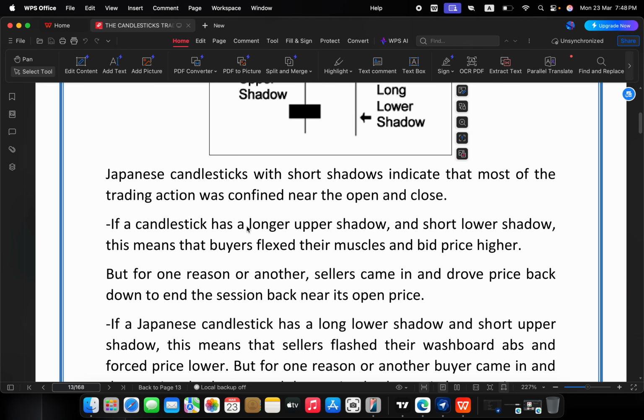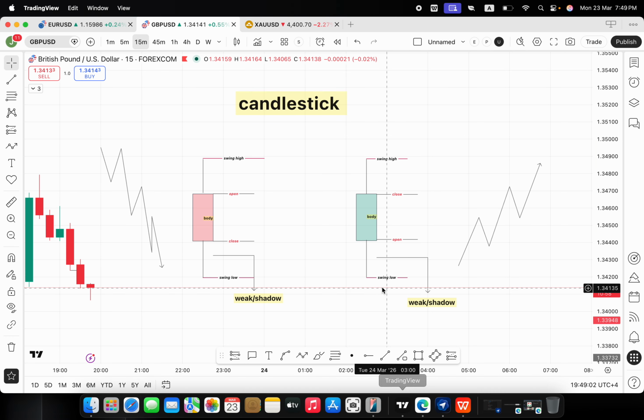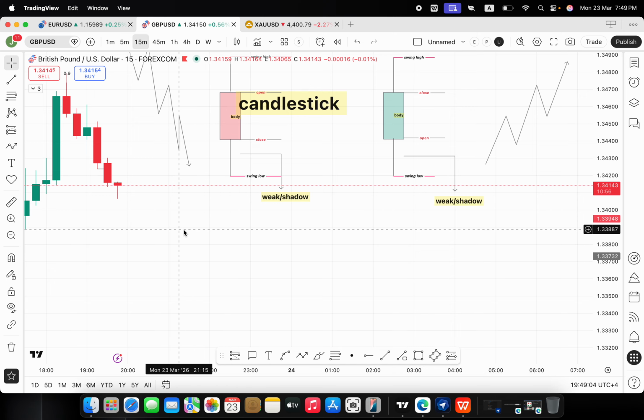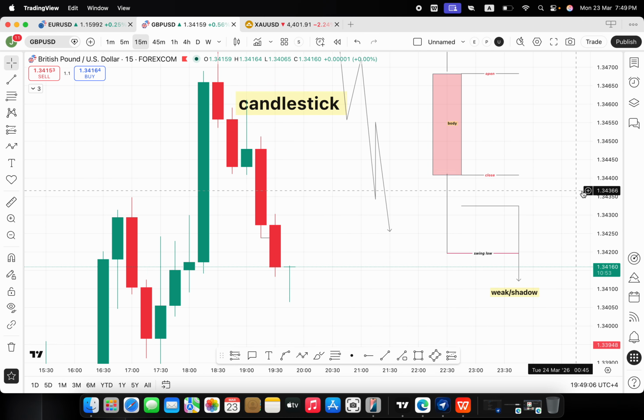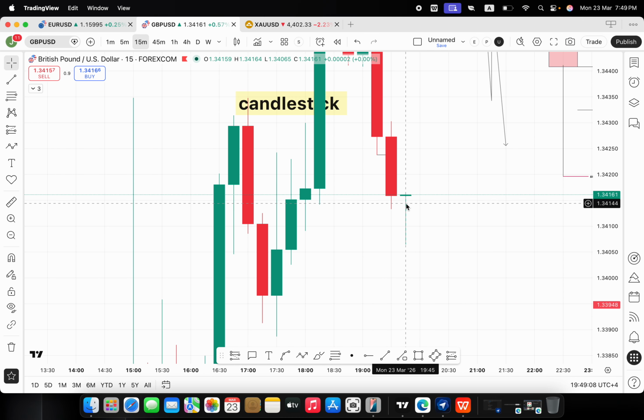So if a candlestick has a long upper shadow and a short lower shadow, this means that buyers flexed their muscle and bid the price high.